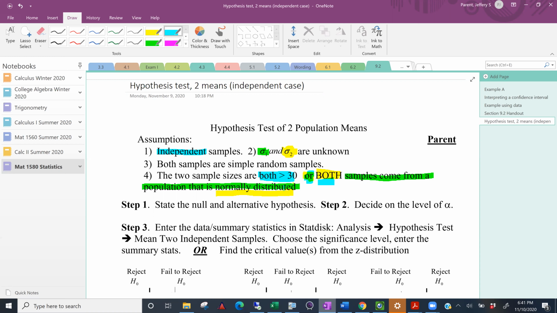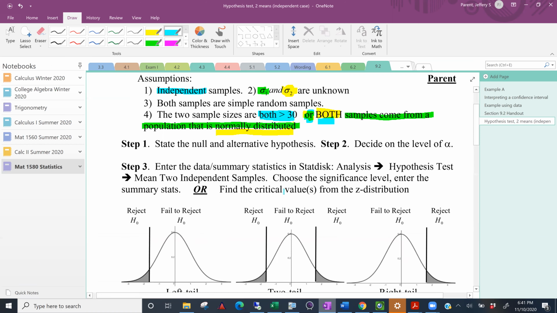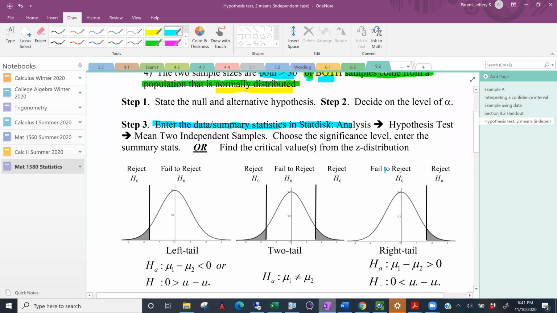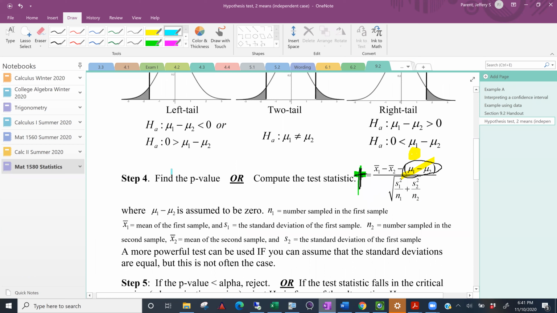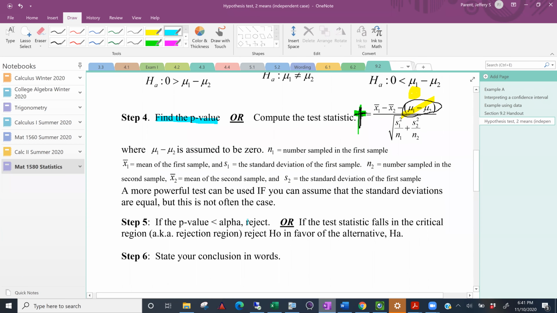For now, a lot of this should start to look familiar, and that is we're going to state the null and alternative hypothesis, decide on alpha, enter the data in Statdisk, and there's instructions there for that. Find the p-value, and then reject or fail to reject, etc. So a lot of this should be the same.